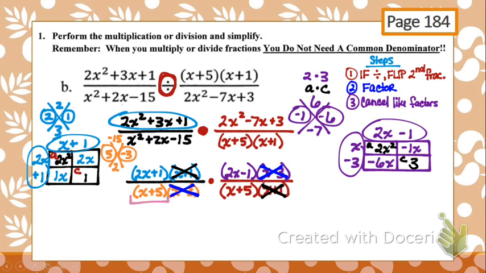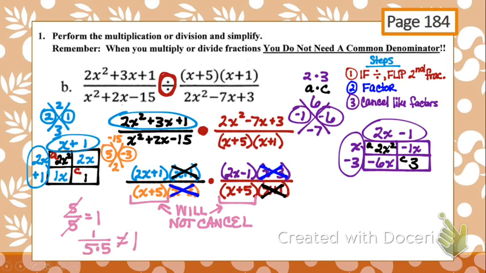So these two will not cancel. 5 divided by 5 cancels out to 1. But 1 over 5 times 5 does not equal 1. That's why they're not canceling.